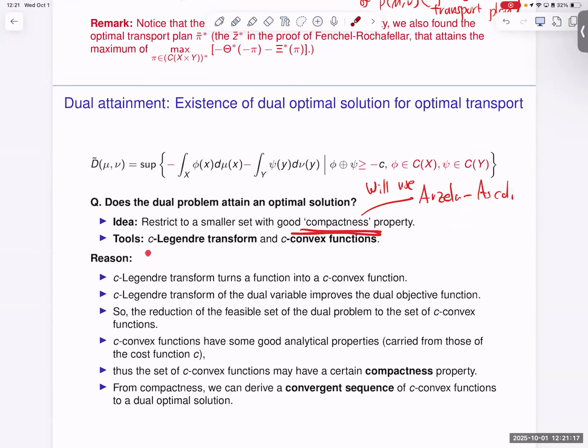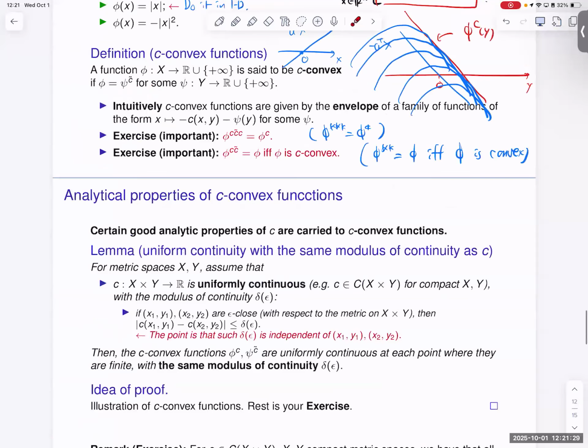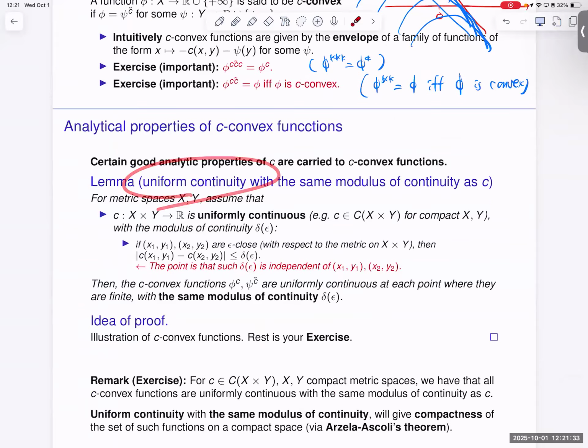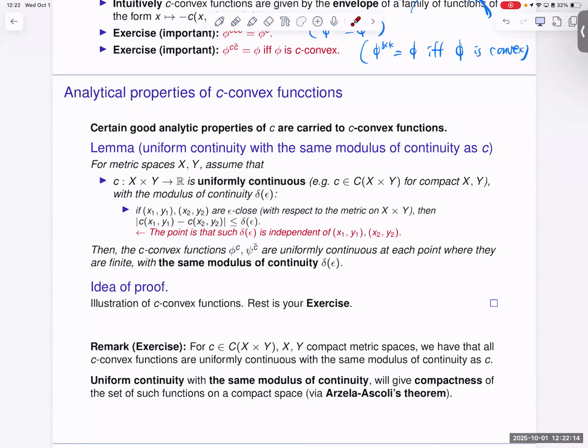The claim is that the C-convex functions, the result of the C-Legendre transform, will be such functions, but of course not for any C, but for those C satisfying uniform continuity, which is the same as continuity on this compact space X and Y. Then the C-convex functions, those resulting from the C-Legendre transform, all enjoy equicontinuity, where the modulus of continuity comes from the modulus of continuity of your cost function C. So this is what we have.